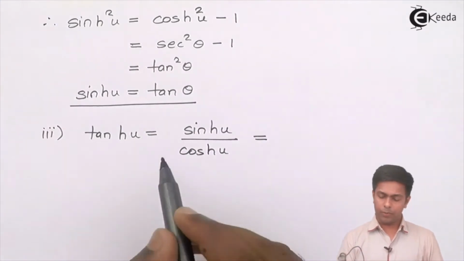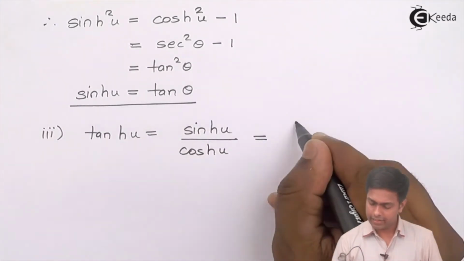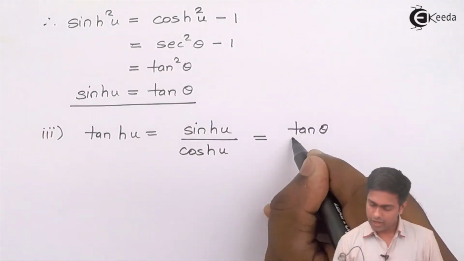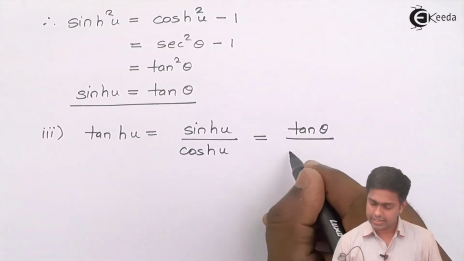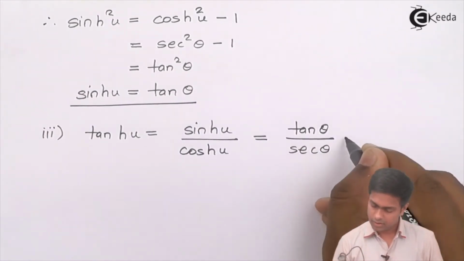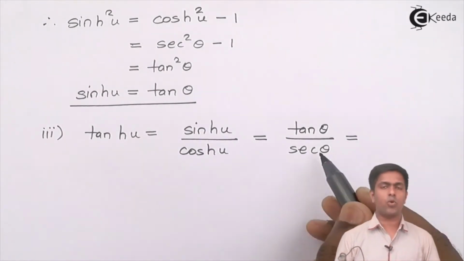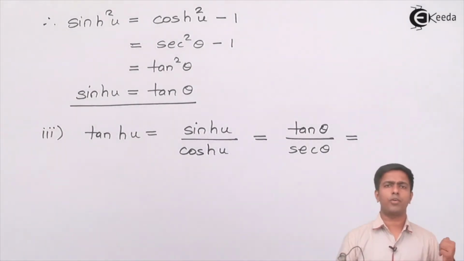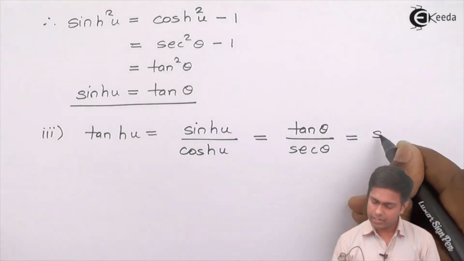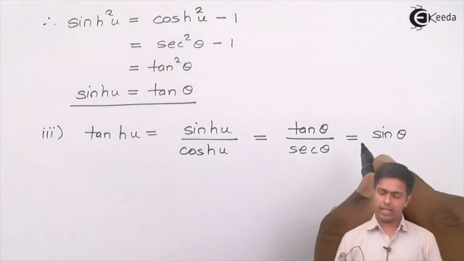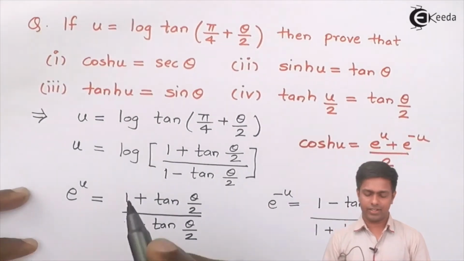The value of hyperbolic sine u is tan theta and the value of hyperbolic cos u is sec theta. Now tan theta is sine upon cos and sec is 1 by cos. So cos from the denominator will be cancelled and we will just get sine theta. And this is nothing but our third result.